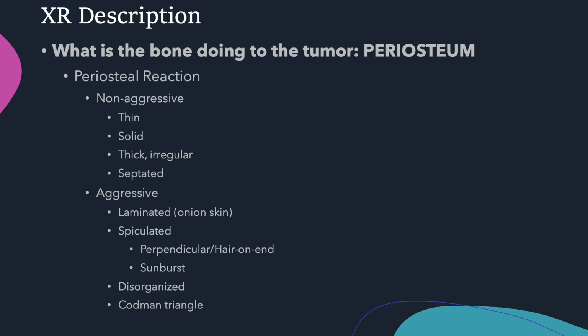While aggressive lesions appear laminated, like an onion peel, or spiculated, like hair on end, or sunburst. If the periosteum looks disorganized, it may be a sign of an aggressive lesion. Presence of Codman's triangle may also tell us that this lesion is an aggressive one.